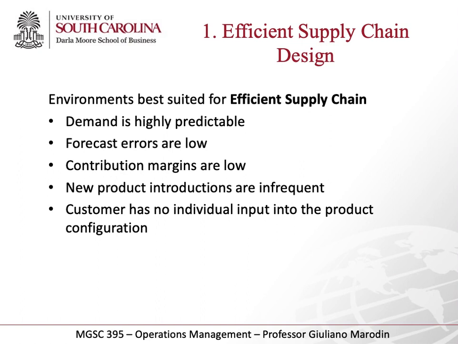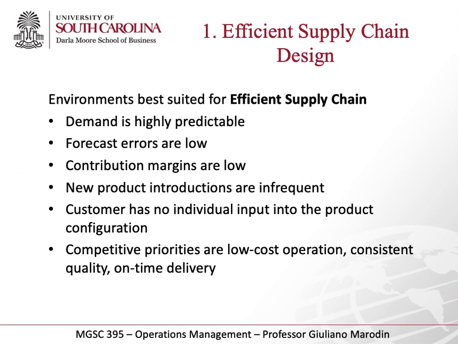So pretty standard products that are known. Technology is dominated by a lot of companies. We don't introduce too many products, not very high tech, high end. Customers have very little input, very little interaction, and competitive priorities, remember, are usually low cost, consistent quality, and on time delivery. Okay, so what are examples of those?